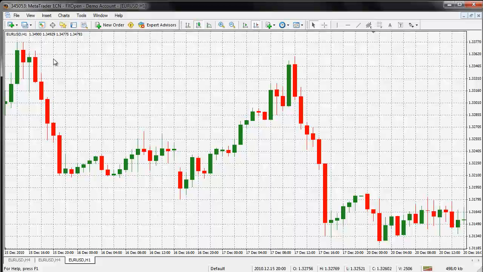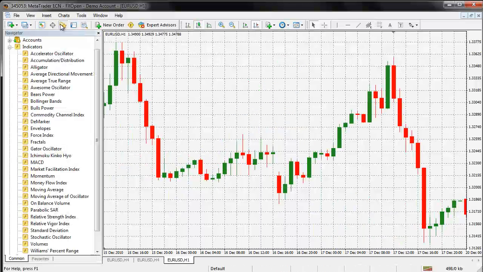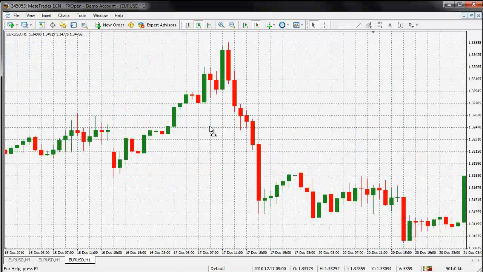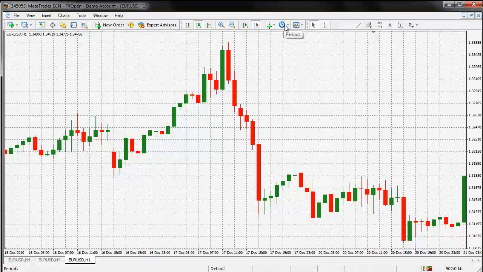Then come over to the navigator and get prepared to put the accelerator oscillator and the accumulation distribution indicator on there. But for the time being, I'll leave it like this. We're on the 1 hour time frame, and we want to use this little periods box here.